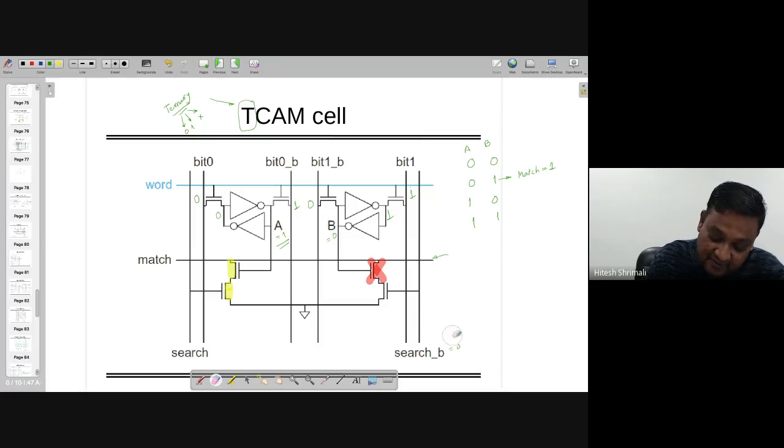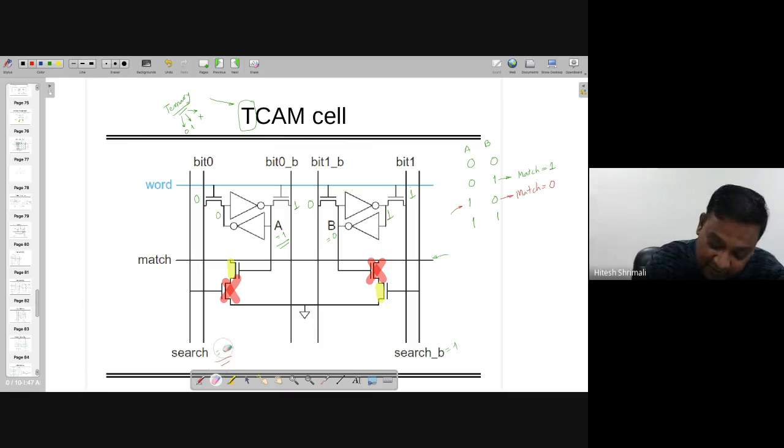So in that case, this transistor is going to be off and the other transistor is going to be on. So this particular match line does not go to 0. So we can say that it matches the value of 0. So it searches for 0 and gives the match for the combination of 1 and 0 stored here.